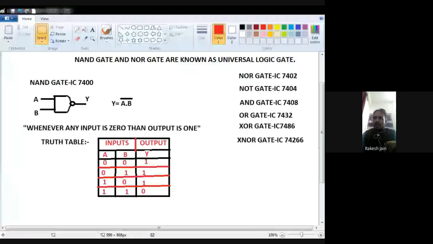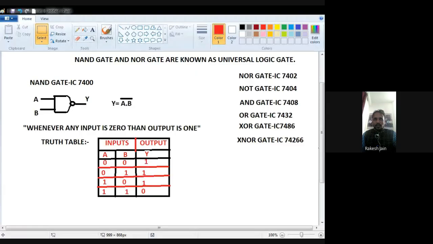Amit, Ashish, Ambedkar. Yes, Ambedkar. Okay, very good.